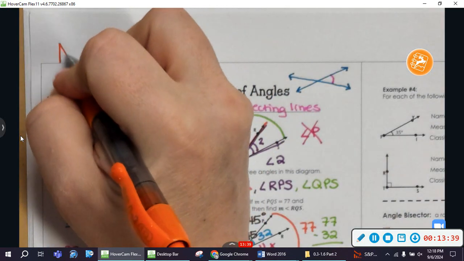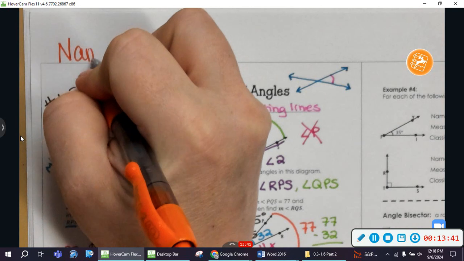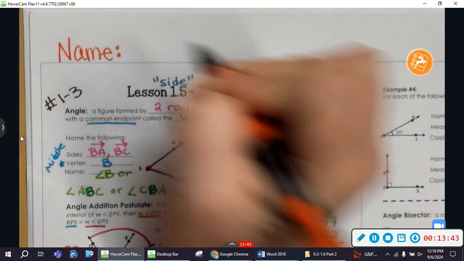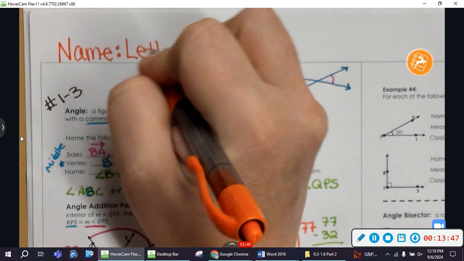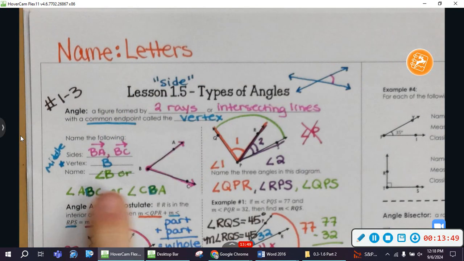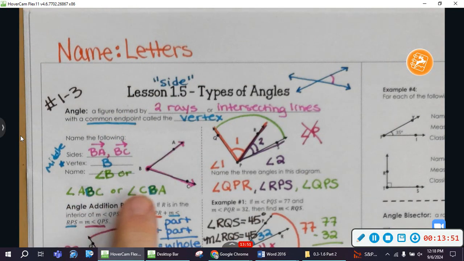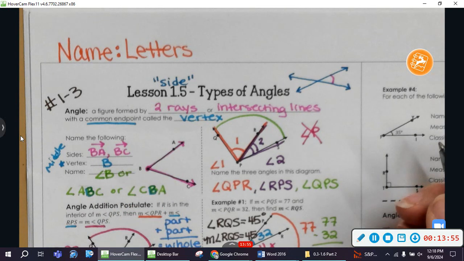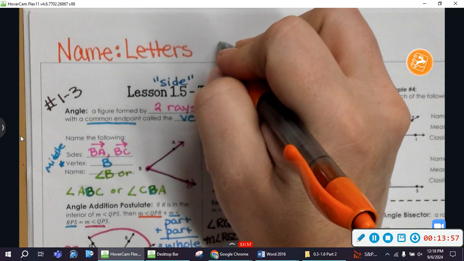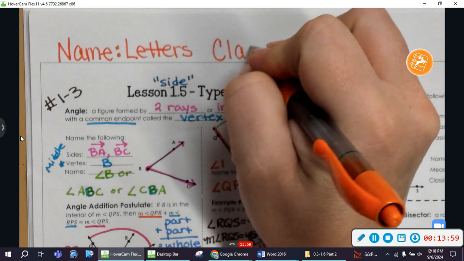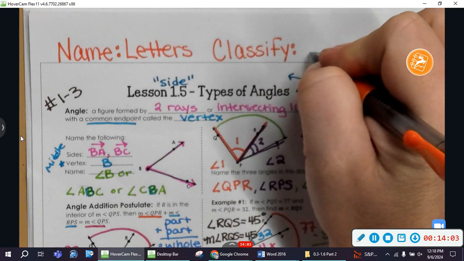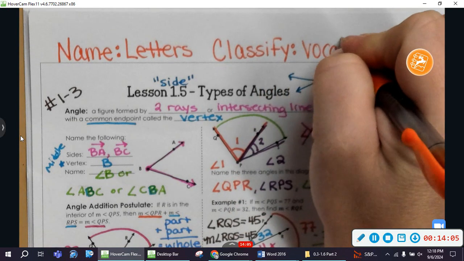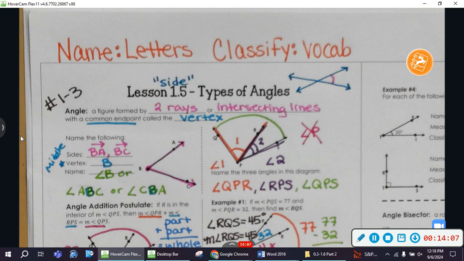So at the top, we're going to write a reminder because you get to use your notes for help on the quizzes. When you name an angle, this is when you use letters. So like we did up here, we used 3 letters, which is probably the most common that we're going to use in here. When it asks you to classify the angle, it is asking for that vocab word. Okay?